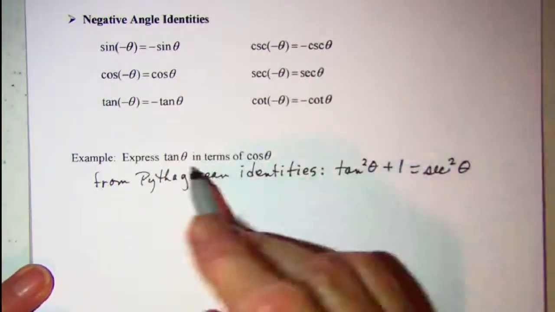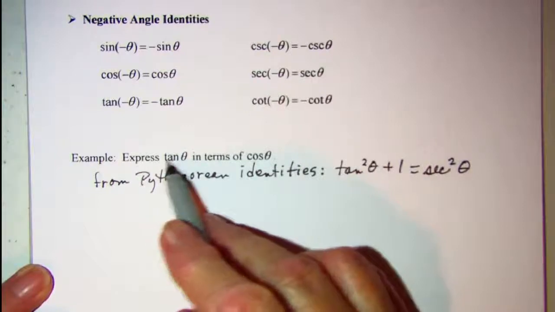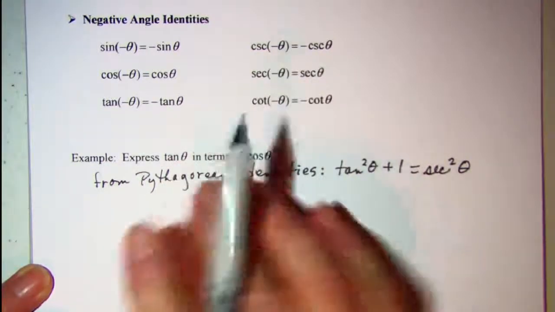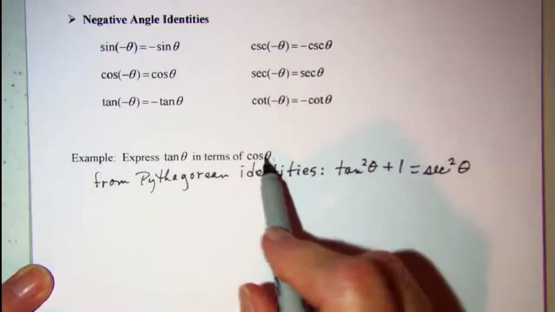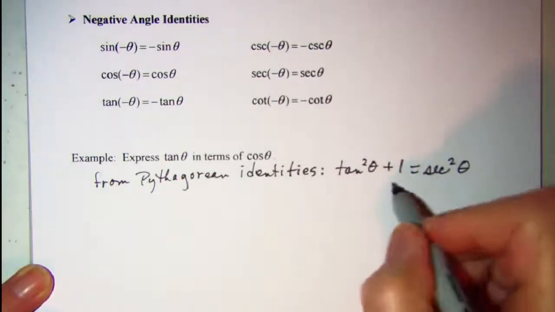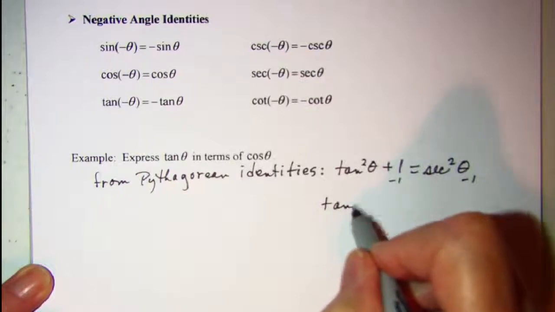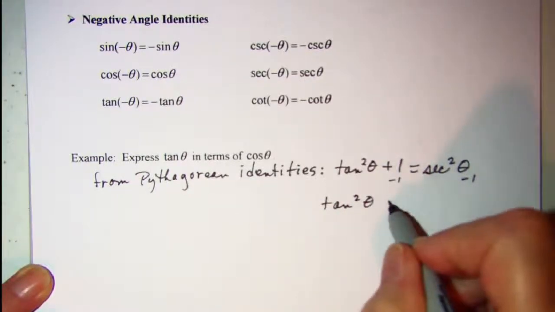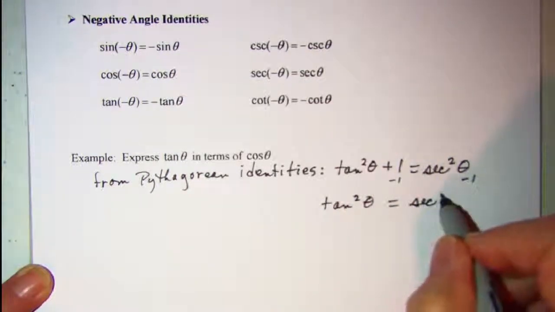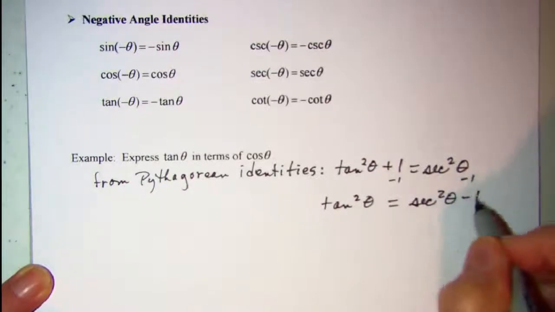And then we're wanting to write tangent as some other expression in terms of cosine. So let's subtract 1 from both sides. We get tangent squared theta equals secant squared theta minus 1.